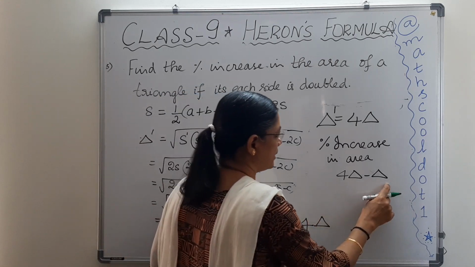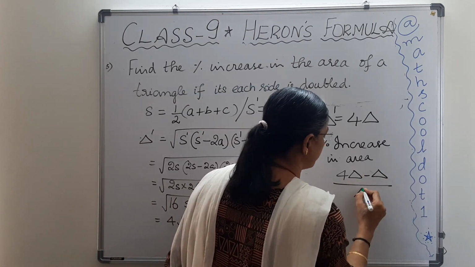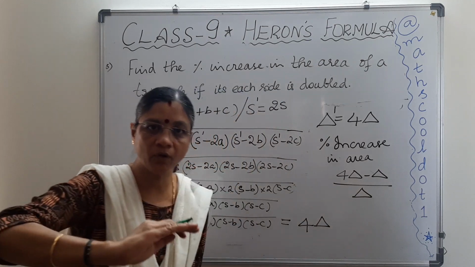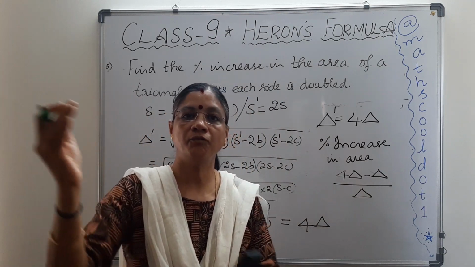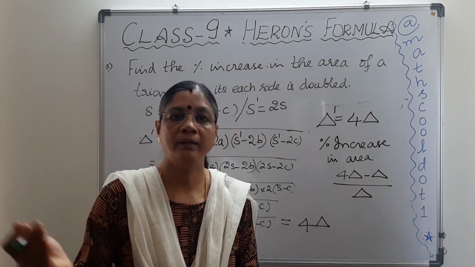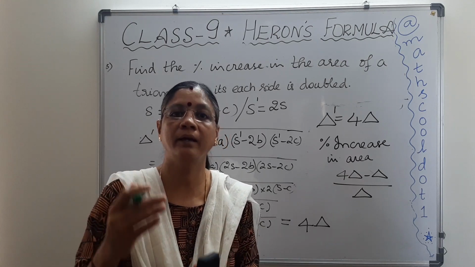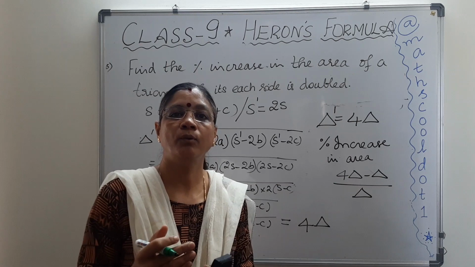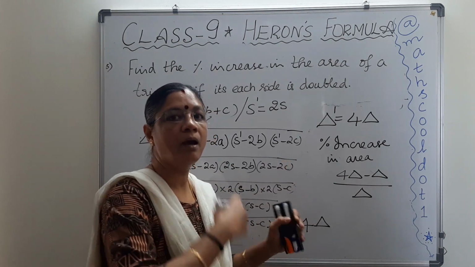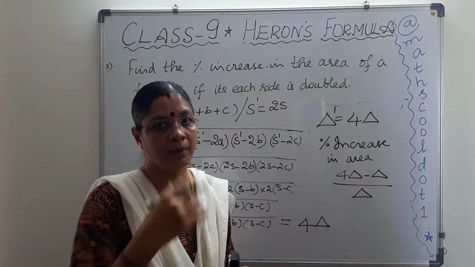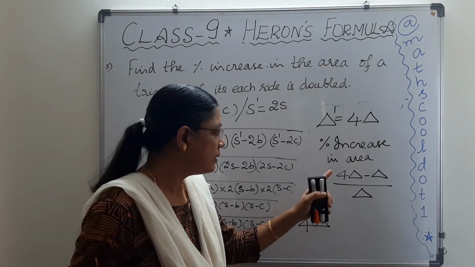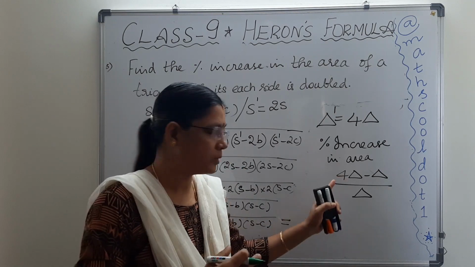So this is the change, and this is with respect to the original area, because from the original area it has increased. See, if in some other problem you find that the area has decreased, then what you need to do is the original area minus the changed area, because the changed area will be less, isn't it? Here the changed area is greater, so we have put it first.